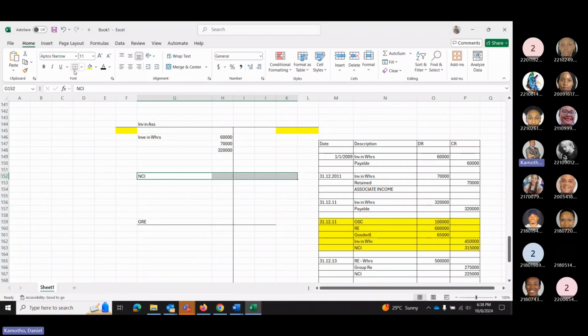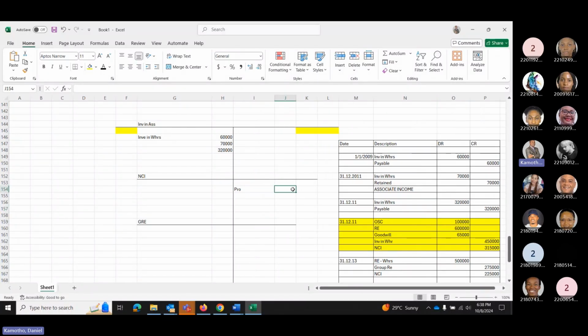In the NCI, using the pro forma consolidation journal, before they are eliminated, you will introduce the initial NCI, which we introduced here, which is 315. I put pro to mean it's a pro forma journal entry. That's the initial recognition, as they call it in the conceptual framework.